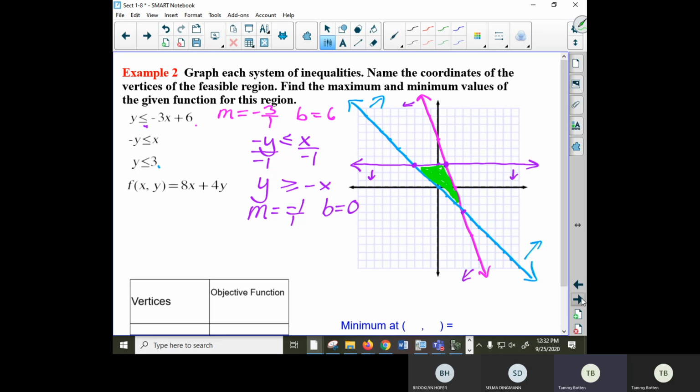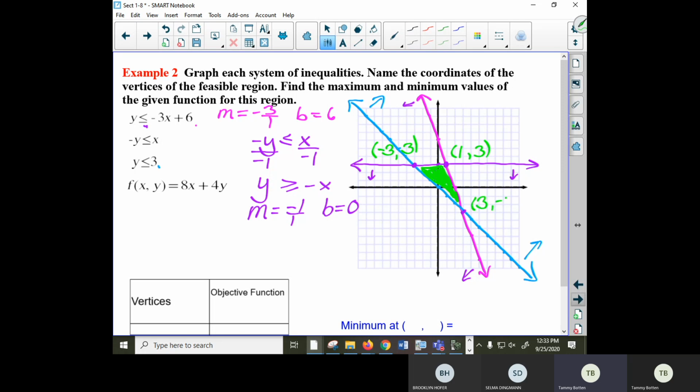Now I'm going to look at what are my vertices, okay? So my vertex right here is -3, up 3, it looks like. My vertex right here is over 1, up 3. And my vertex here looks like it's 1, 2, 3, down 1, 2, 3.